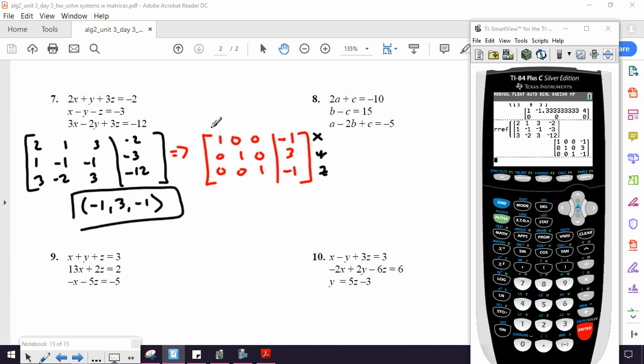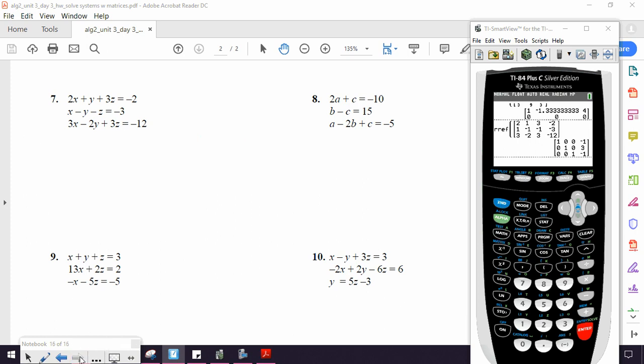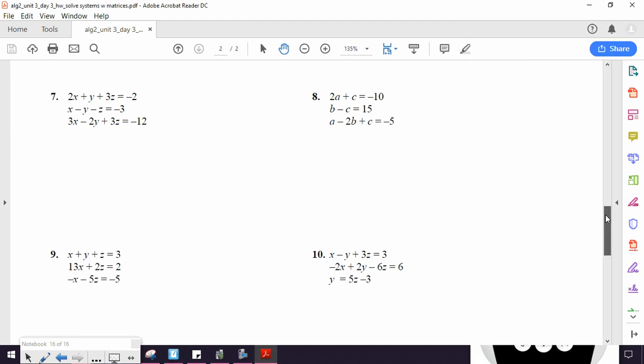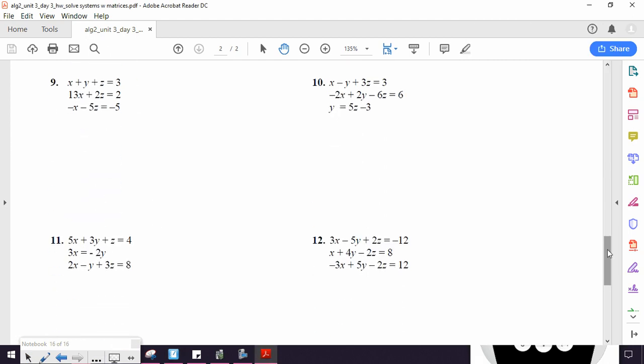And again, you have to have that identity matrix on the left. When you don't, something's incorrect. So it's either no solution or many solutions. All right, when I look at number 9, the first equation is written in standard form, which is awesome.